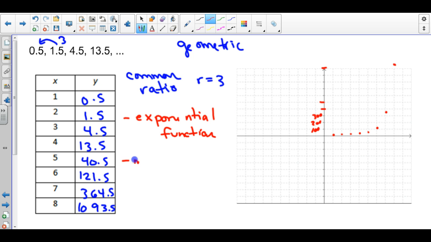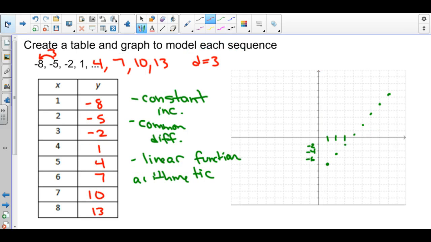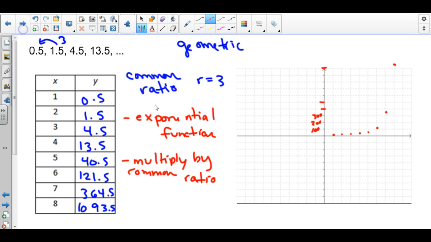We are multiplying by the common ratio, and that's how you got your other terms, is we multiplied by that common ratio, which was R. And then let me just backtrack real quick. Was there anything else that we had? Oh yeah, and this was a geometric function, or a geometric sequence, so that's what's all the way at the top.